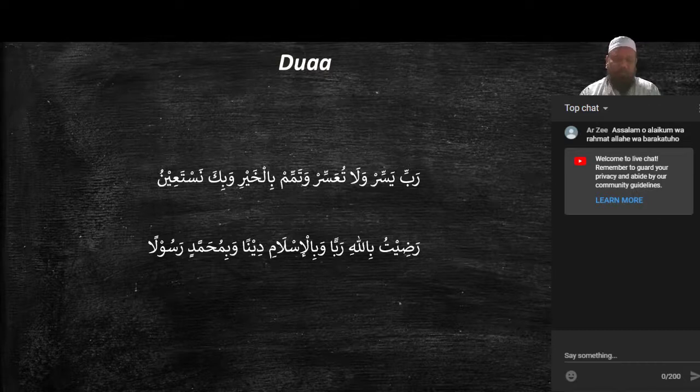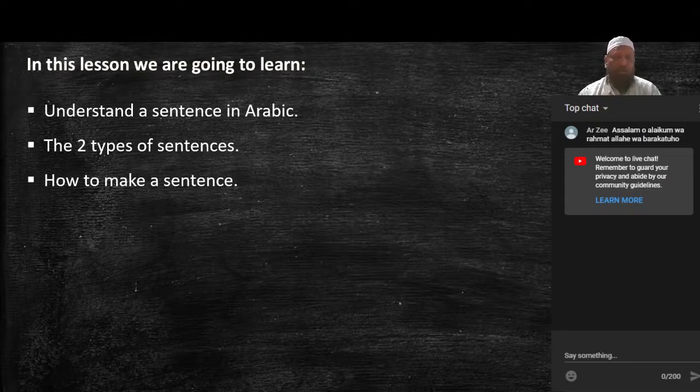We'll be using ism first to make sentences, and we're going to apply all the 4 properties of ism. In this lesson, we're going to understand a sentence in Arabic, the 2 types of sentences, and how to make a sentence.